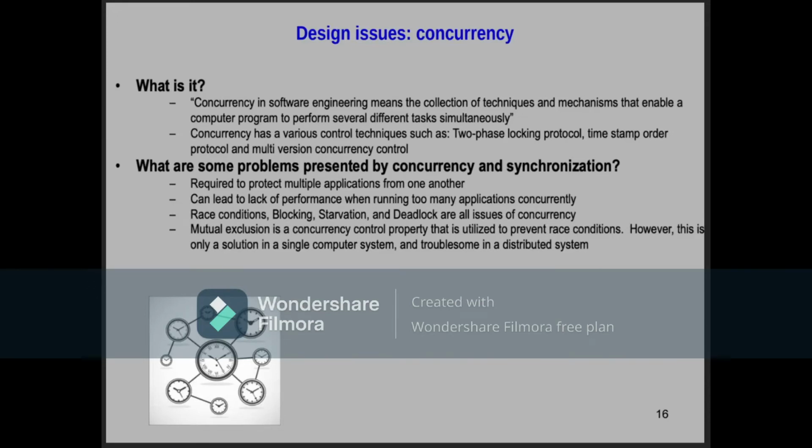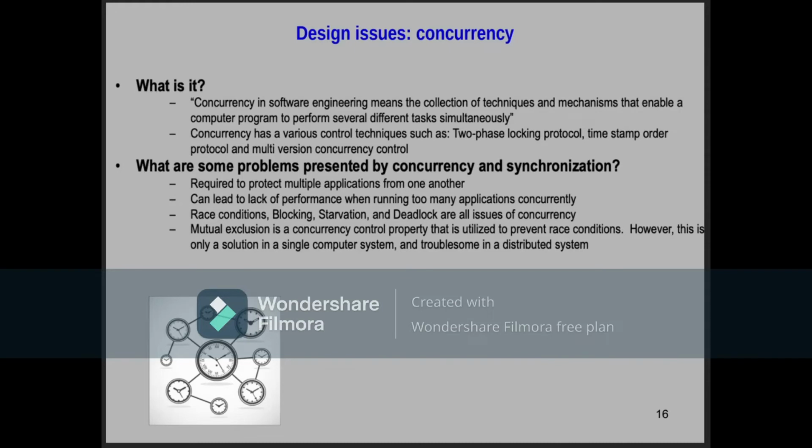And of course, we should focus on the design issues when it comes to concurrency. So concurrency in software engineering would mean the collection of techniques and mechanisms that enable a computer program to perform several different tasks simultaneously.